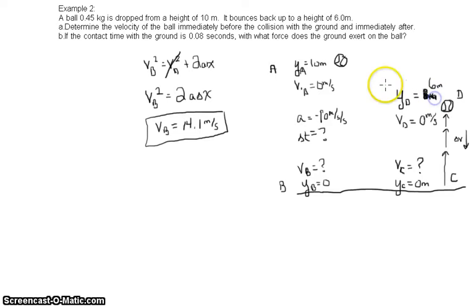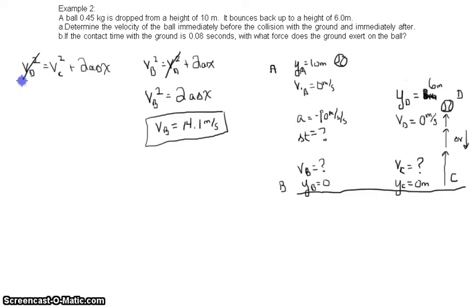Okay. So, looking at this, we need to figure out the speed after it hits the ground until it gets to point D, which is 6 meters high. So we're going to use the same expression here mathematically, and we will find that the velocity at D squared will equal the initial velocity at C squared plus 2a delta x.